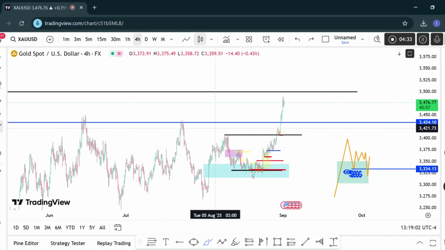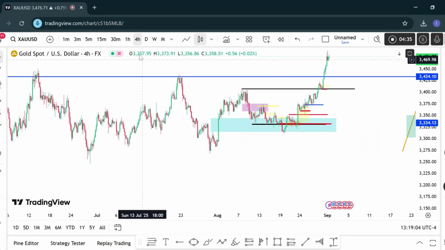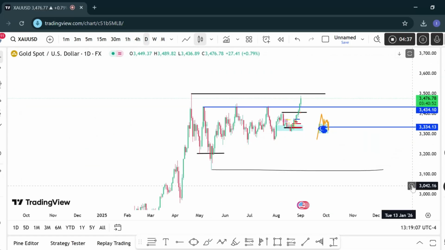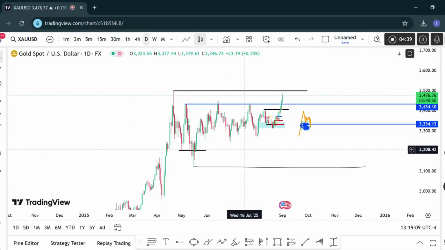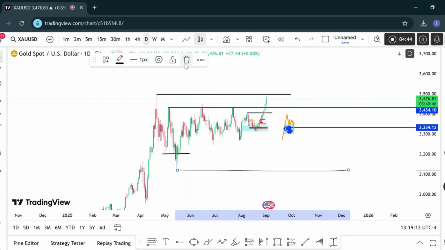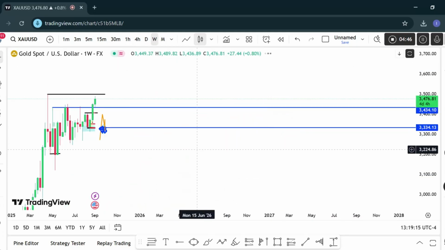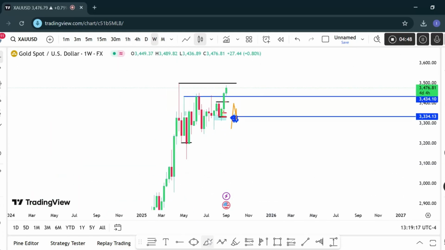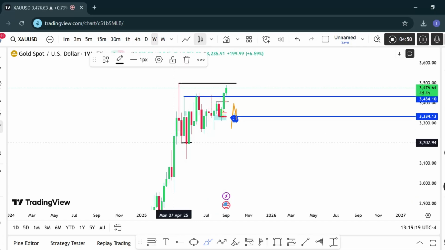And as you see here, if we just go to the daily time frame, we see gold overall is pretty bullish, like it's always happening. Look, this is a fair value gap in the weekly, it induces people, takes them all out. We got the market structure in the weekly, so overall we are still bullish to take at least that high.